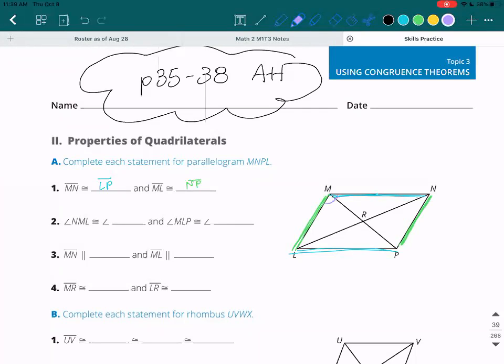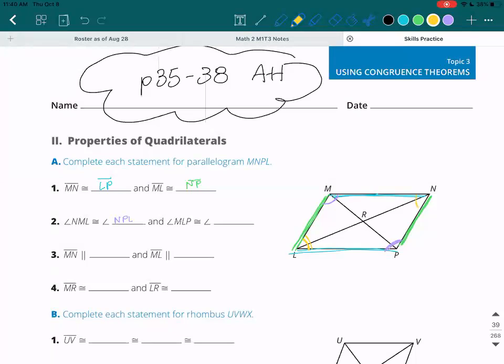Number 2 says angle NML, that's this one, is congruent to angle which one? NPL, right over here on the bottom. So I'm going to write NPL. They already wrote the angle symbol, so I don't need to anymore. And then angle MLP, that's this one, is congruent to angle what?